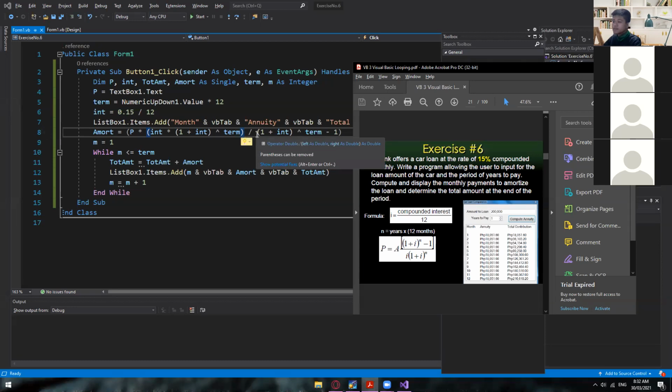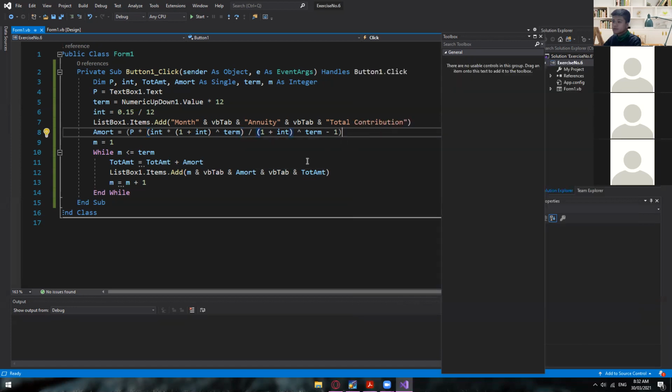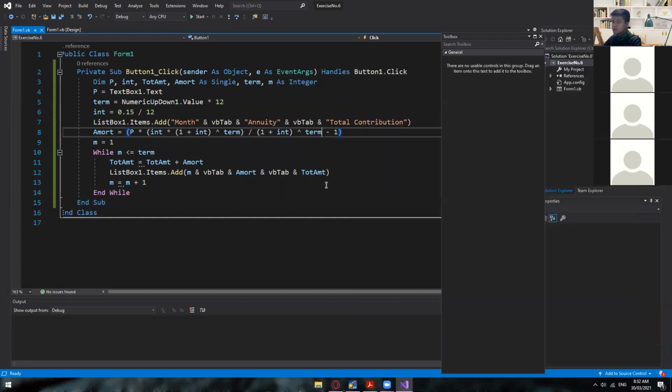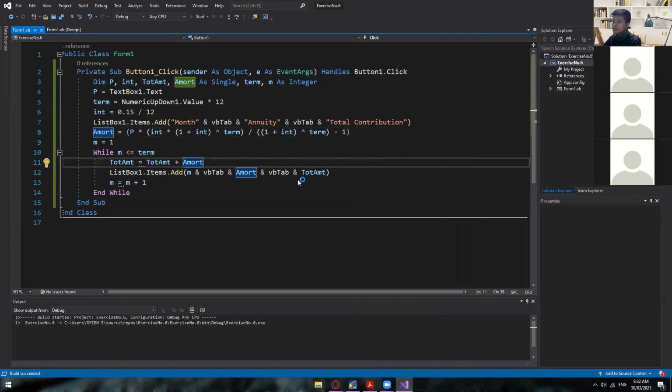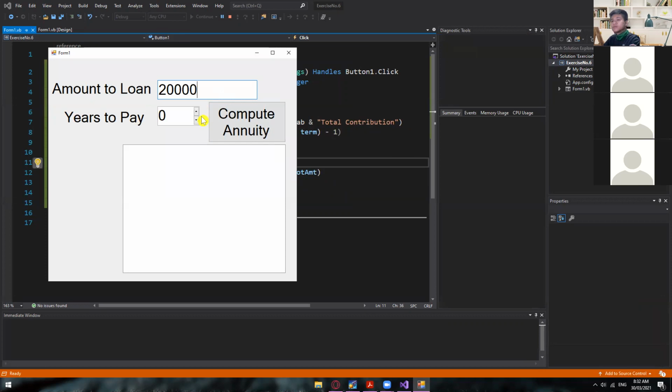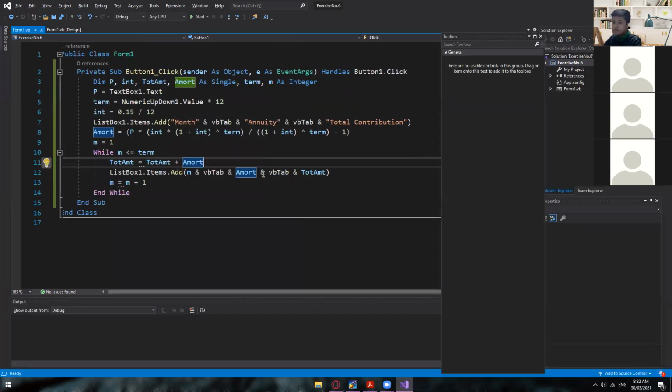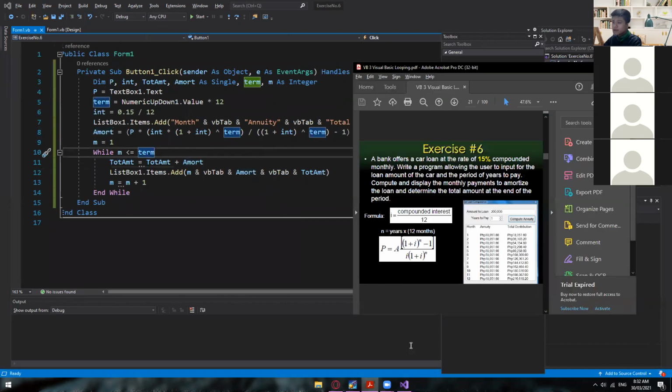Plus interest. 200,000. Oops, why still incorrect?